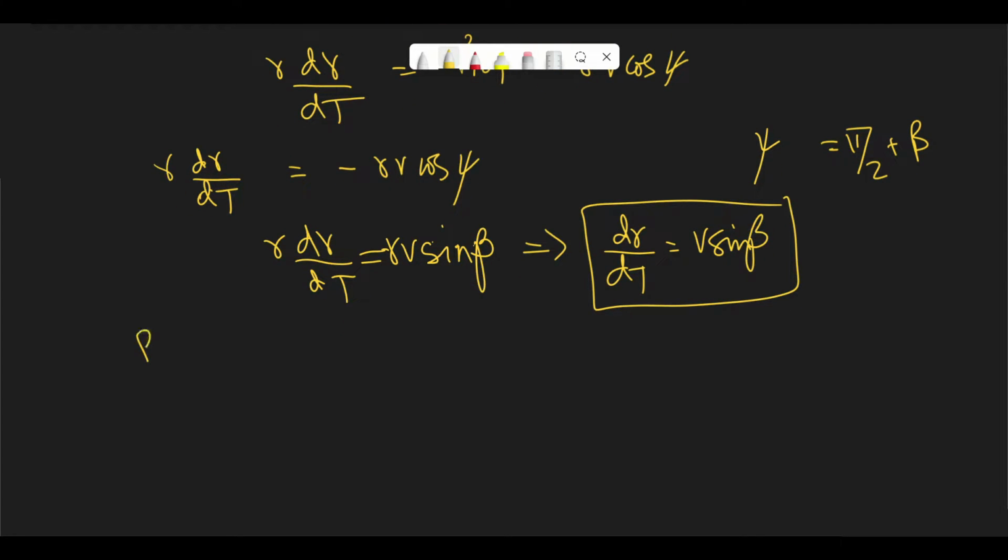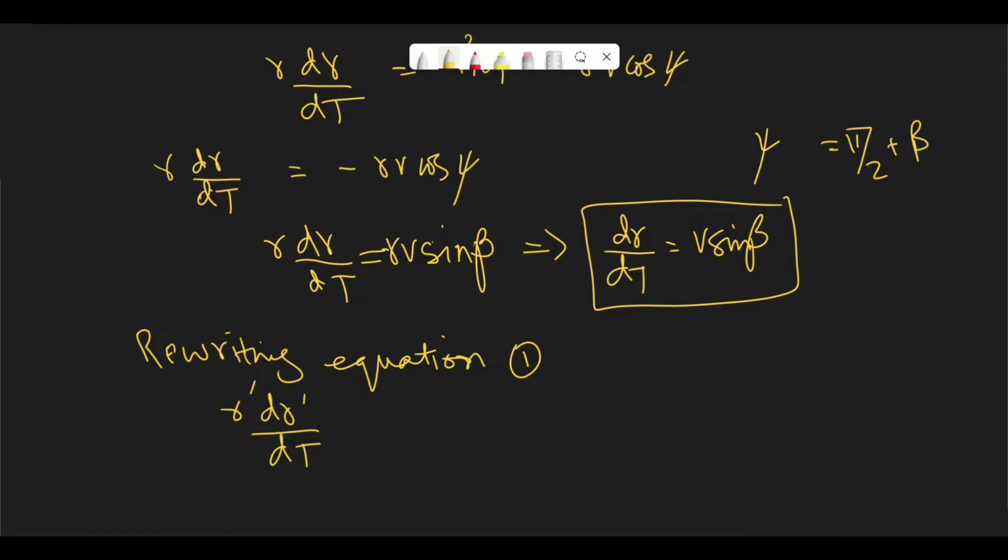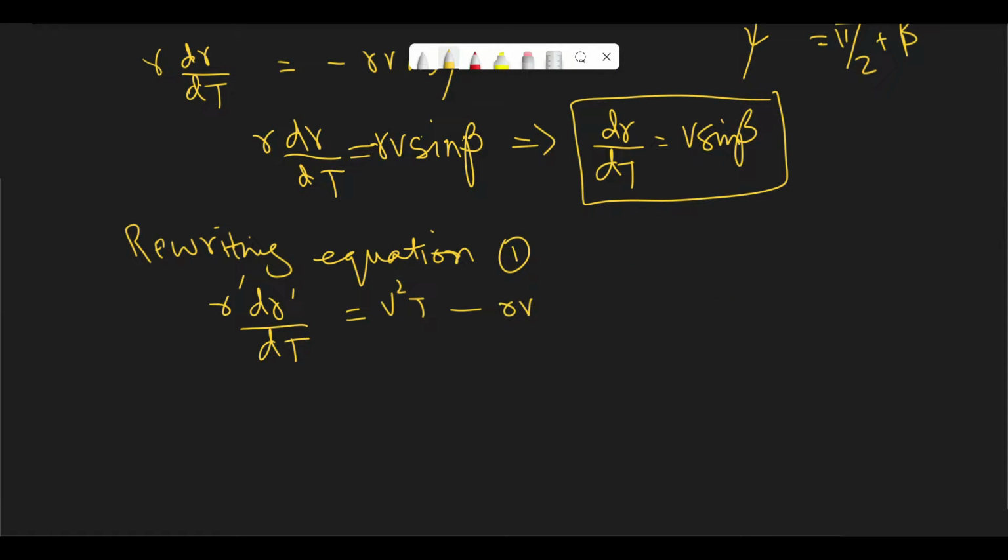Okay, now rewriting equation 1, r prime dr prime over dt is equal to v square minus rv cos phi.